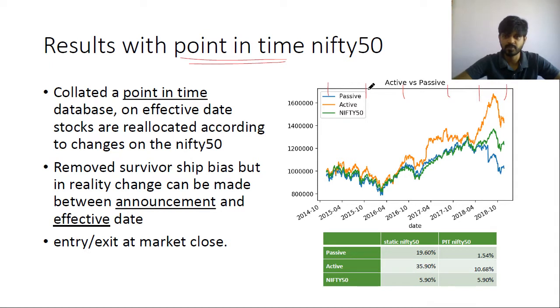Whenever I hit this point, I stop trading the stock that was moved out and start trading the stock that was moved in. And for the passive portfolio, when I hit this point, I removed the removed stock from my portfolio, added the new stock, rebalanced it, and moved on that way forward.